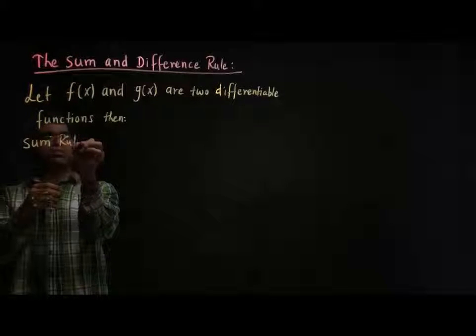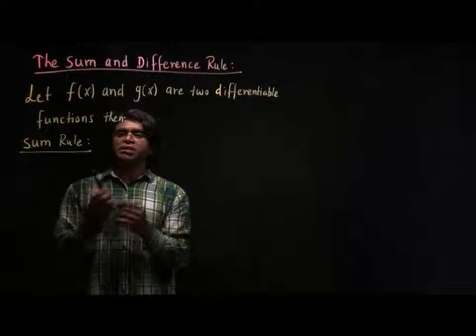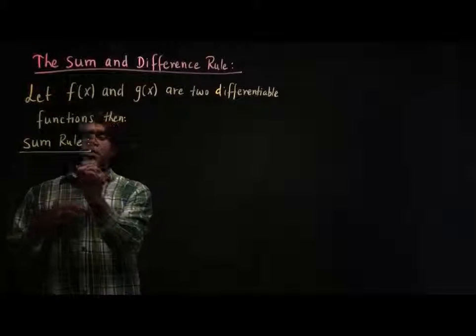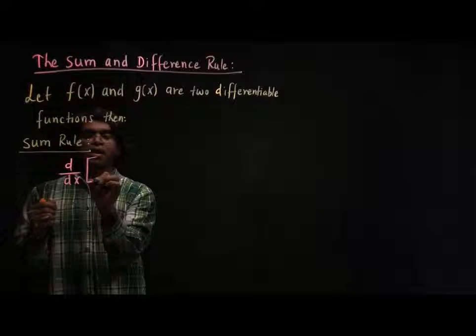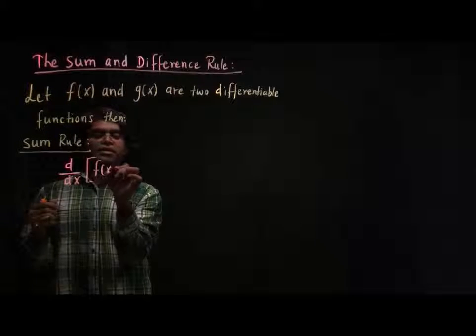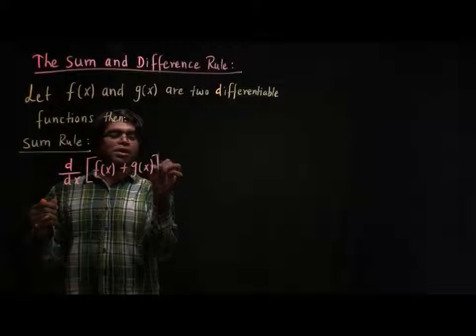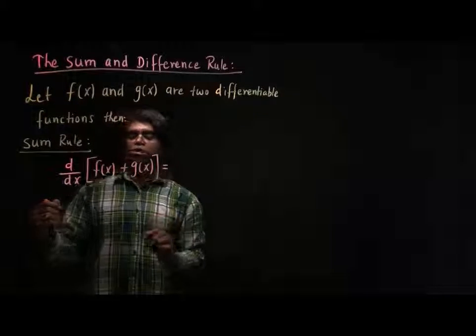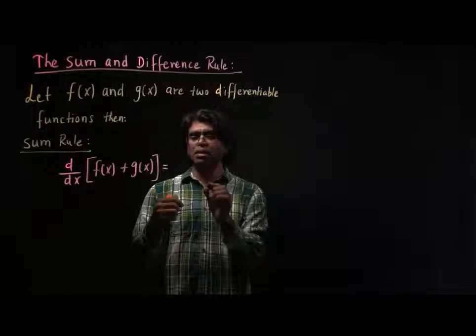So my sum rule is d by dx of f(x) plus g(x) is equal to, I'm going to distribute d by dx inside the bracket.